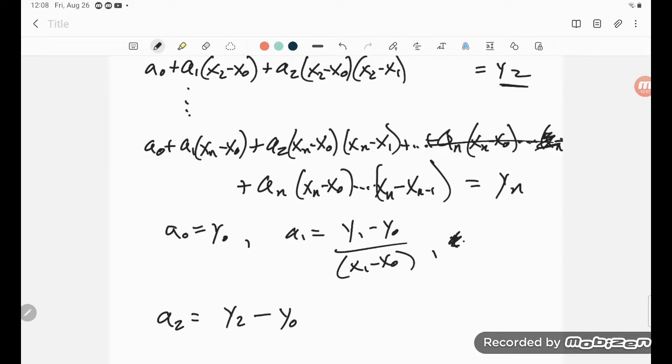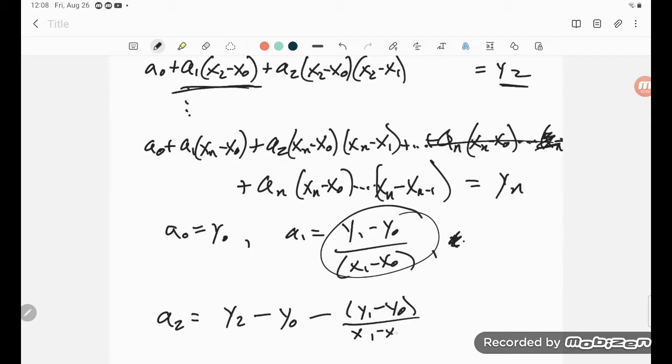Okay, then minus that term, so minus a1, but that was right above me here, y1 minus y0 over x1 minus x0, and then times x2 minus x0, like that. Okay, so that's our A2.